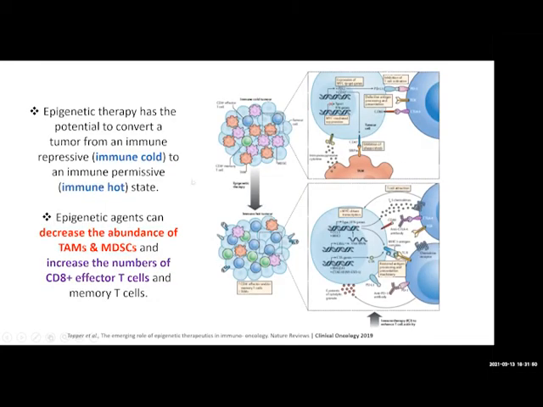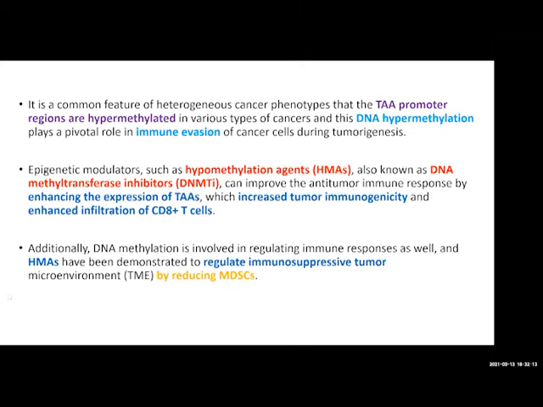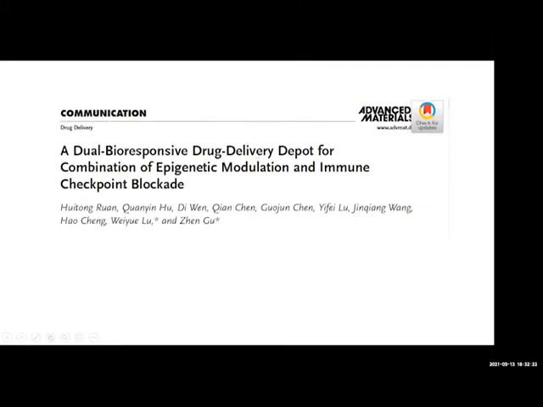We know now that by epigenetic modification, we can convert the immune cold to immune hot tumor microenvironment. And by epigenetic agents, we can decrease the abundance of TAMs, of course the M2 TAMs, and myeloid-derived suppressor cells, and increase the infiltration of cytotoxic T cells. For example, hypomethylating agents like DNA methyltransferase inhibitors, for example, a drug called zebularine.